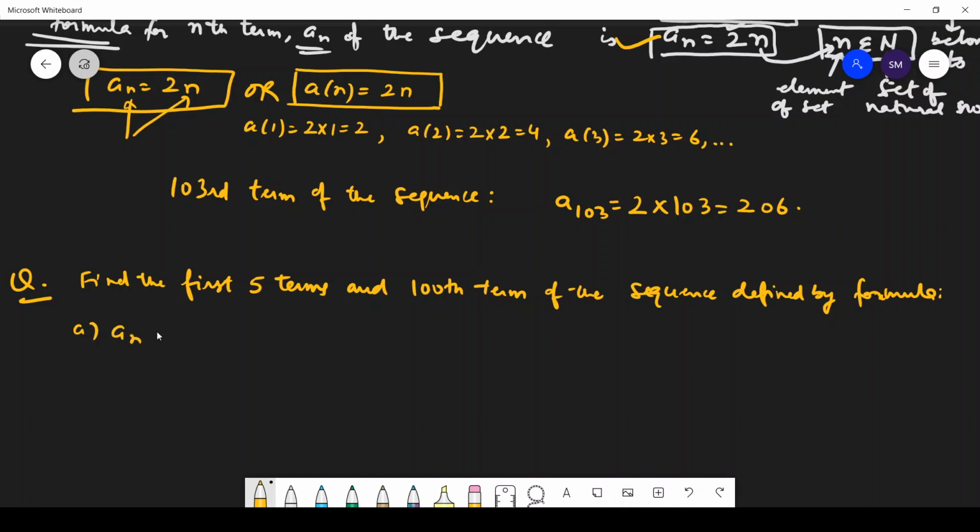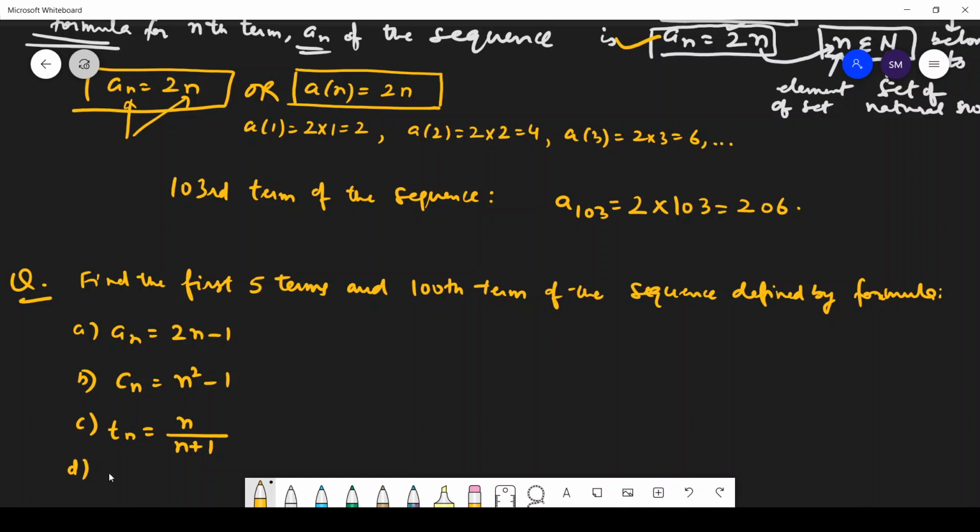For the first part, the formula is an, then tell the first 5 terms and the 100th term. Second, we can write it with c also: cn equals n square minus 1. Third part, it can be tn also: tn equals n upon n plus 1.